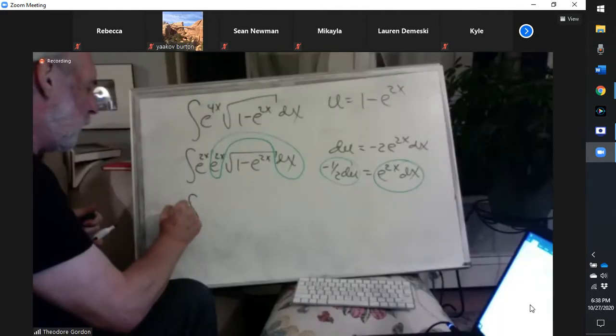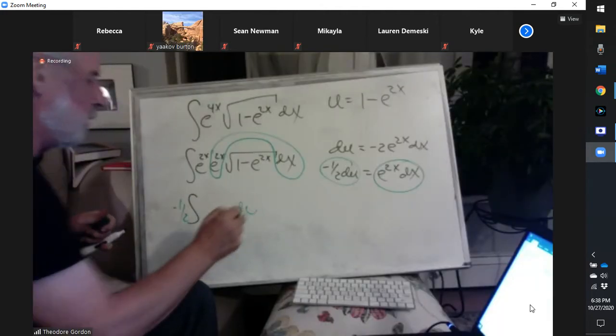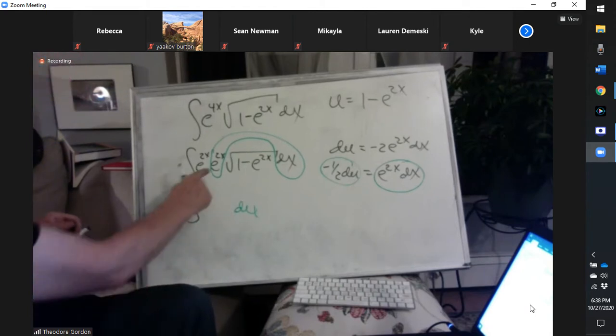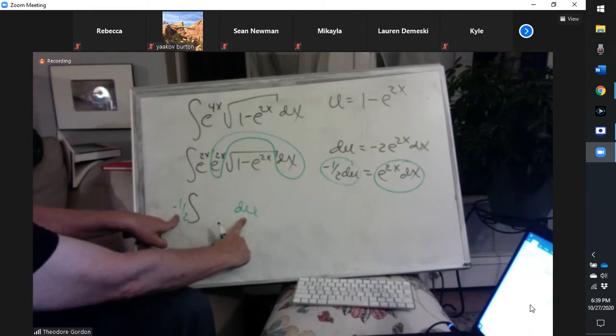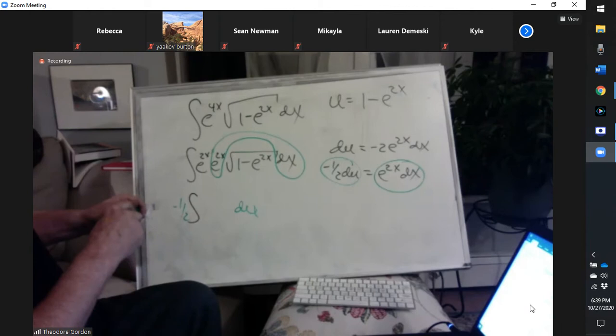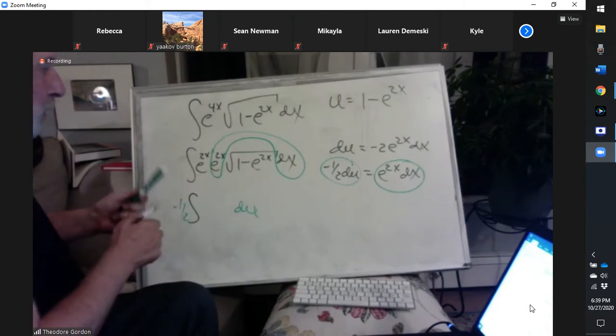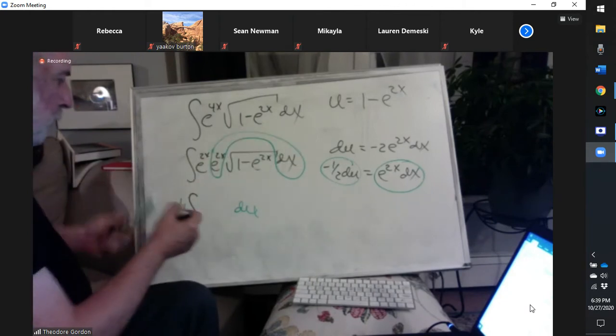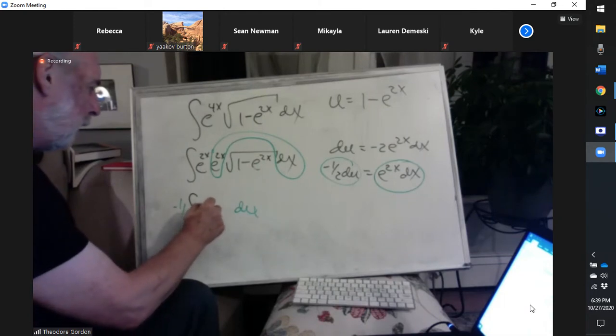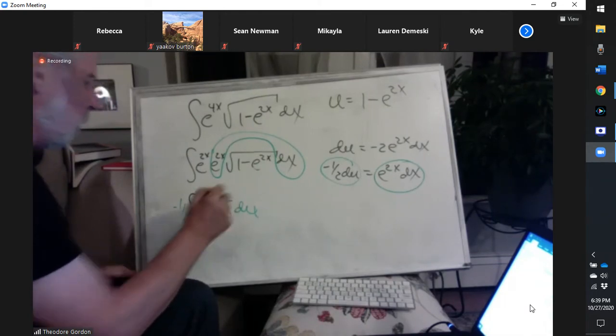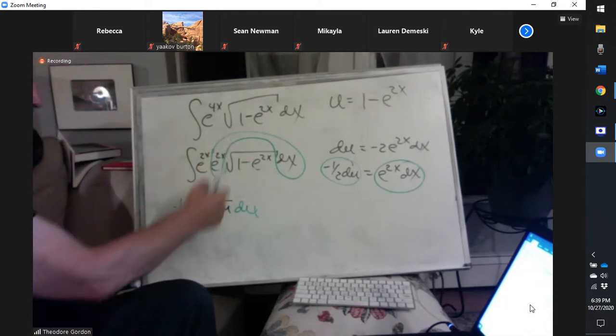Here's the negative 1/2, and here's the du. So these two pieces are right here, 1 minus e to the 2x is u. That gives us the square root of u. So this comes down here.